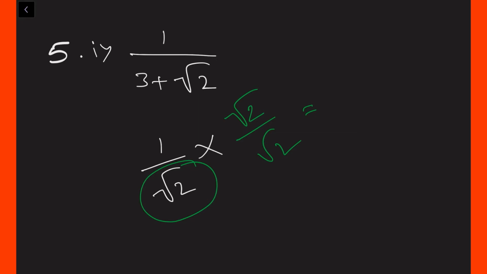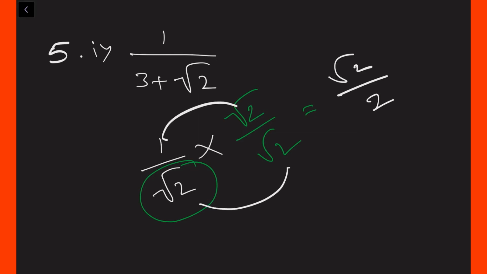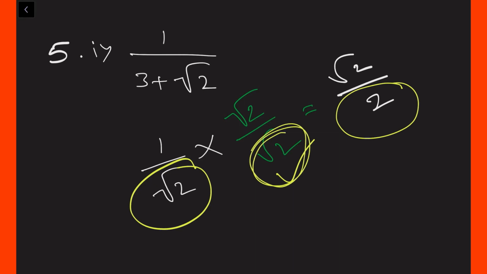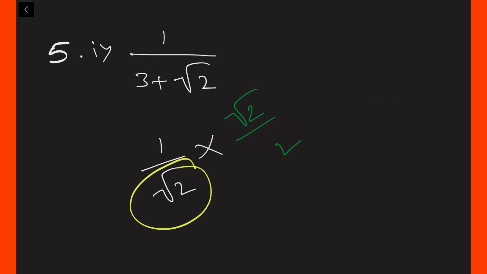So I will get 1 into root 2 by root 2 into root 2, 2. So now, if you observe it clearly, root 2 is multiplied by which number, so that our answer is a rational number. This number is called as rationalizing factor. So for any number, infinite rational numbers will be there. Keep this in mind.